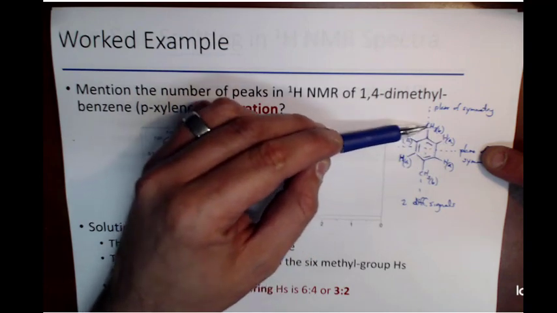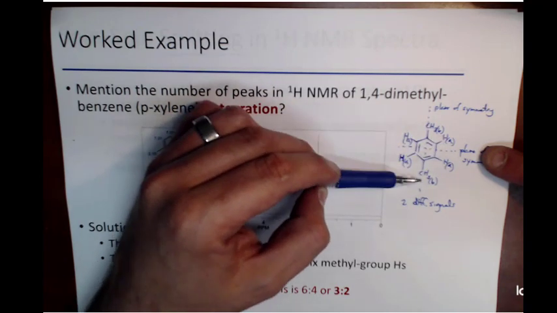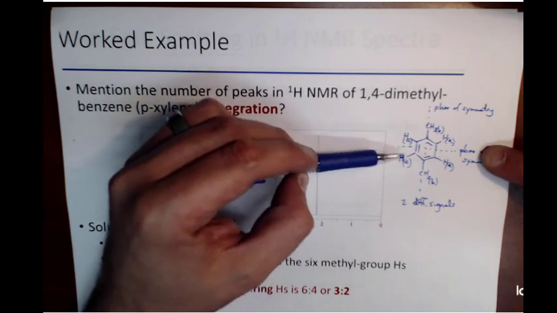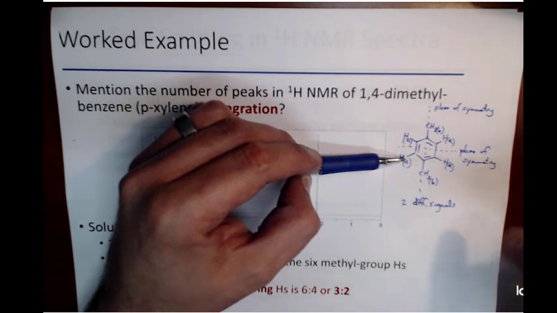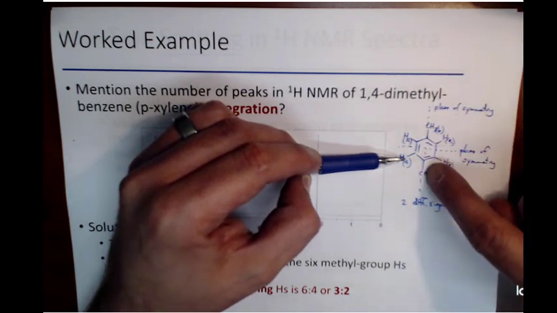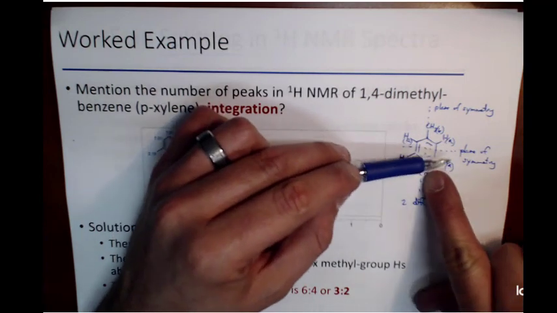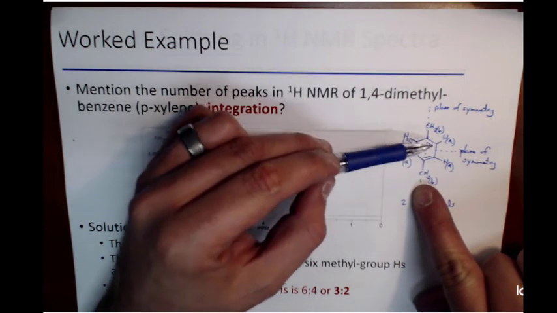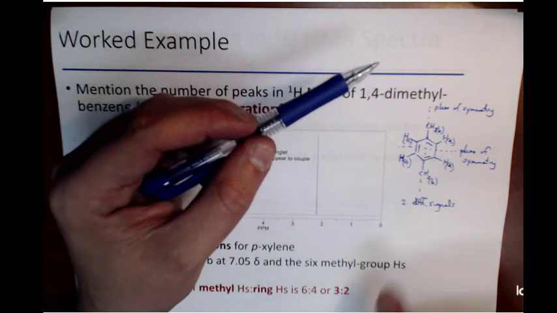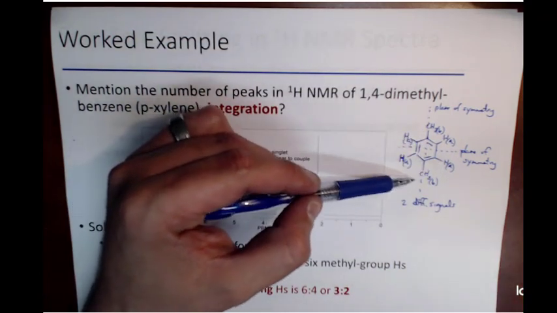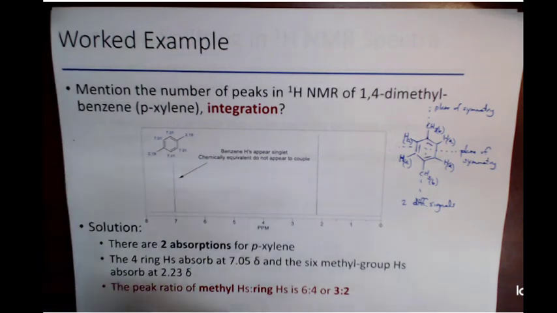But it also tells me these methyl hydrogens are the same, so B, B. And then it told me that these 2 were the same. However, you notice these also say HA because I had a second plane of symmetry here, which told me that these 2 from the other plane of symmetry were the same. Now these 2 are the same. So really, I have 1 signal based off my benzene hydrogens, and I have 1 signal based off my methyl groups coming off of the benzene.